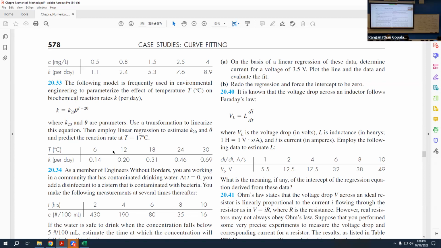It's frequently used in environmental engineering to parameterize the effect of temperature in degrees Celsius on biochemical reaction rates per day. k equals k20 multiplied by theta raised to the power t minus 20. Use the transformation to linearize this equation, then employ linear regression to estimate k20 and theta, and predict the reaction rate at 17 degrees Celsius. That's the question.